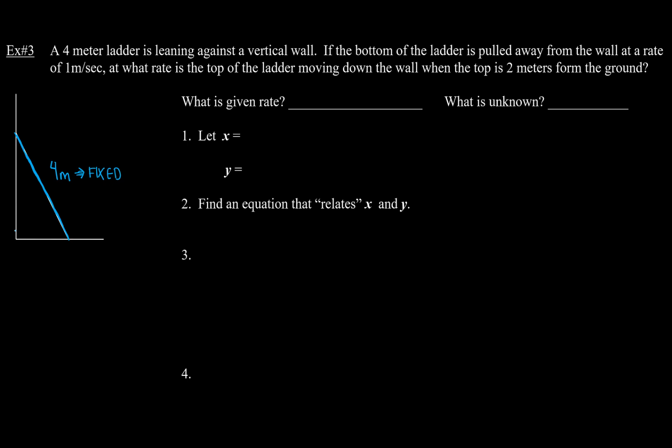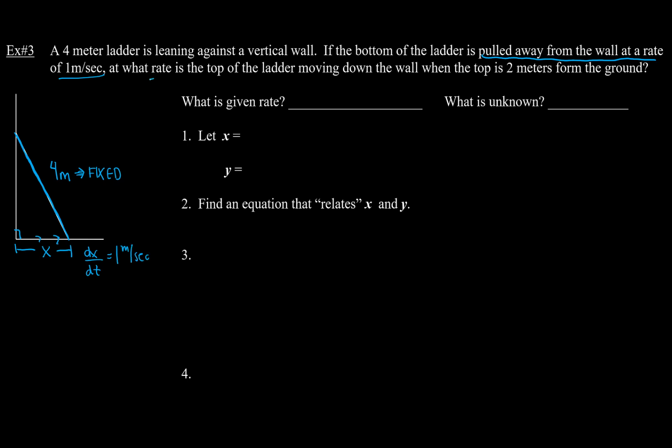Now let's say that the bottom of the ladder is x feet away from the wall. And they say that it's being pulled away from the wall at a rate of 1 meter per second. So that means that this is changing here, and dx/dt is 1 meter per second.